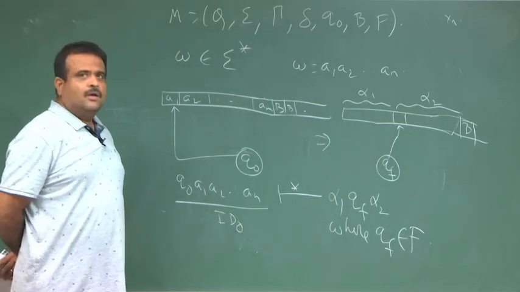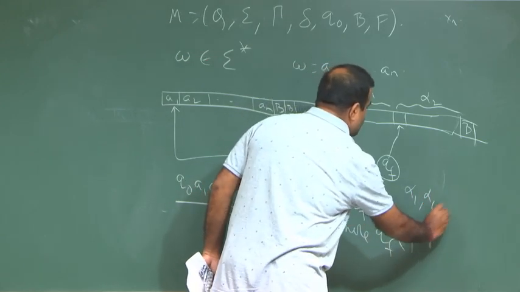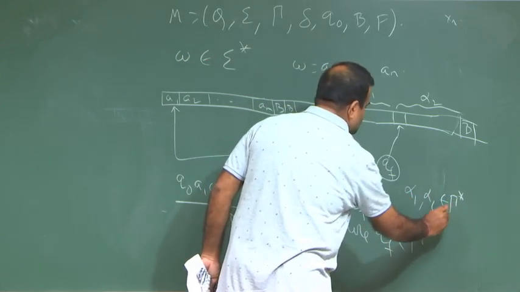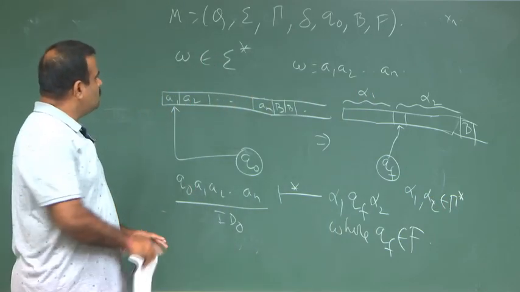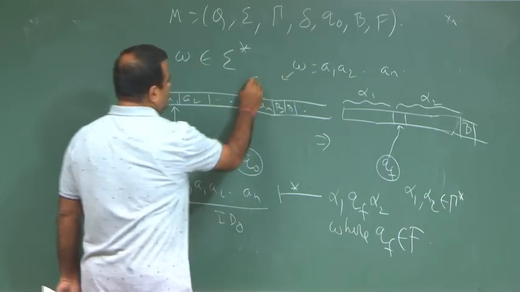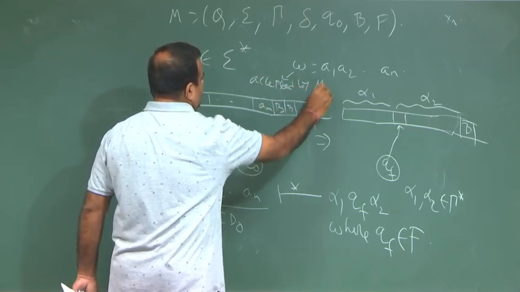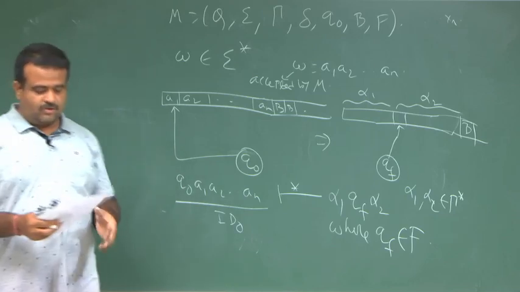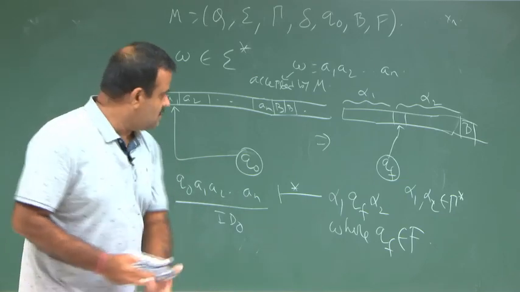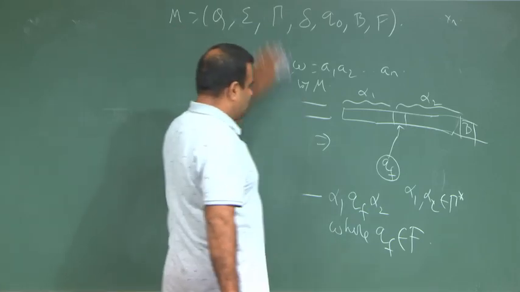Okay, and alpha 1, alpha 2 are coming from the input, then we say this W is accepted by the Turing machine M, and the collection of such W is called the language of the Turing machine. So, we will define the language of the Turing machine, but that is the idea.